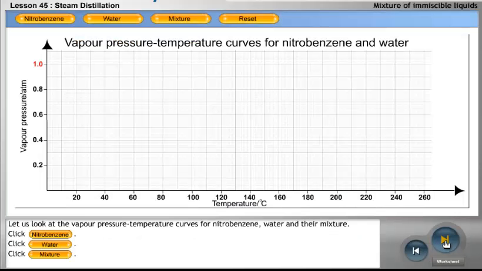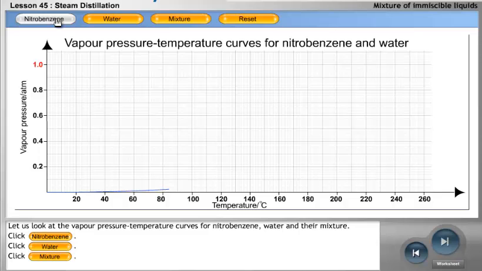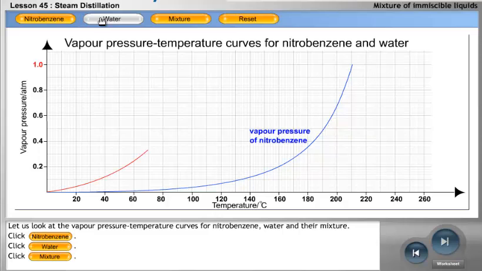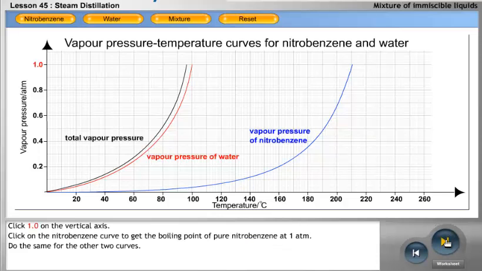Let us look at the vapor pressure temperature curves for nitrobenzene, water and their mixture. Click the nitrobenzene button. Click the water button. Click the mixture button. Click 1.0 on the vertical axis.